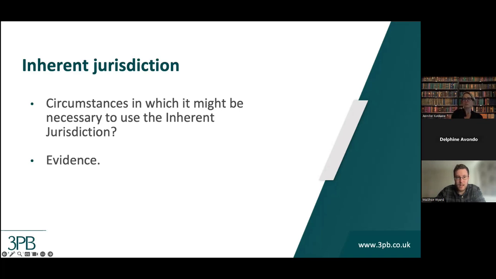There is a need for a basic pre-action process. It's helpful because often it can resolve things at the outset. And then lastly, you need to determine the actual practical steps that you're going to ask the court to take to resolve the situation.